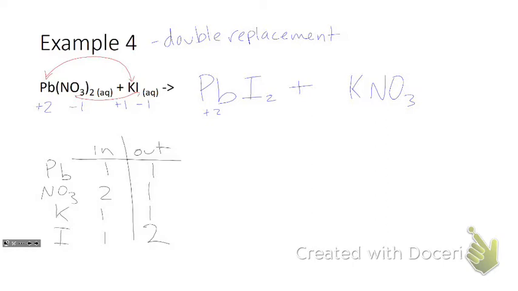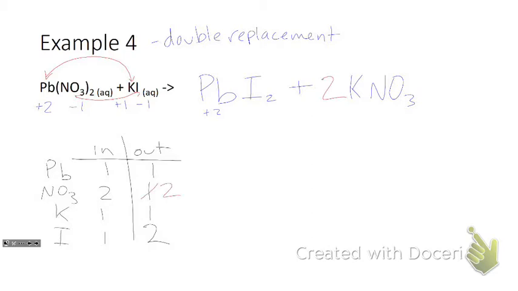Okay, so we can either start with potassium iodide or potassium nitrate. What do you guys want to do? We'll start with the nitrate. Okay, cool. So we'll put a 2 up here so that they're balanced.